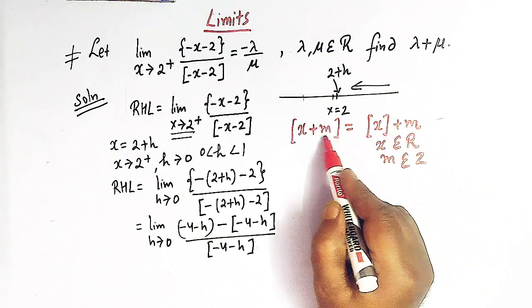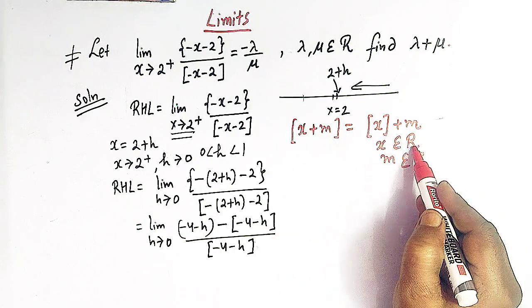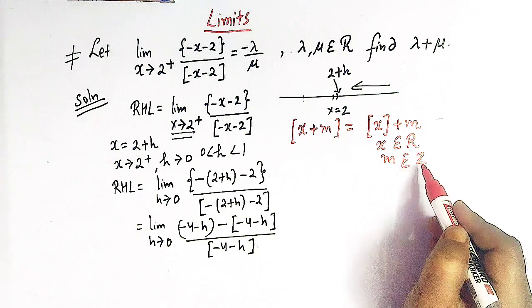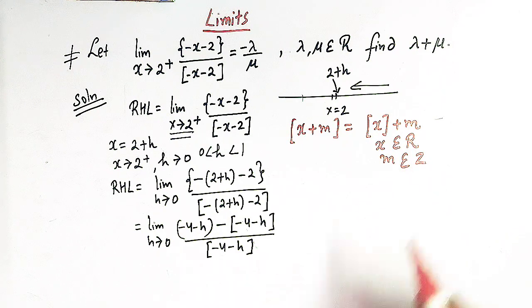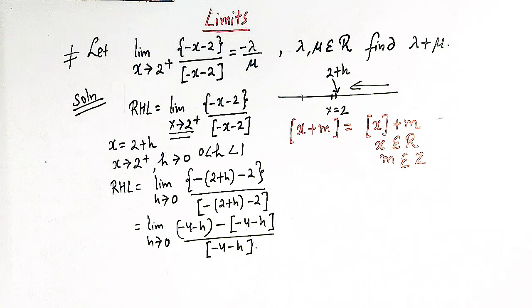So we can isolate this m, where x belongs to the set of real numbers and m belongs to the set of integers. Here Z denotes the set of integers.